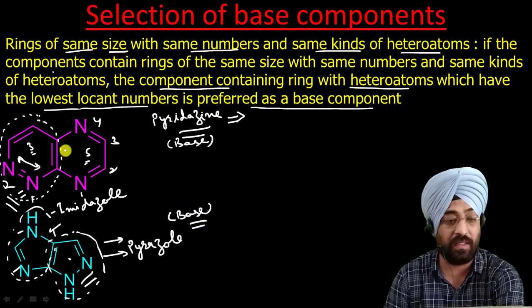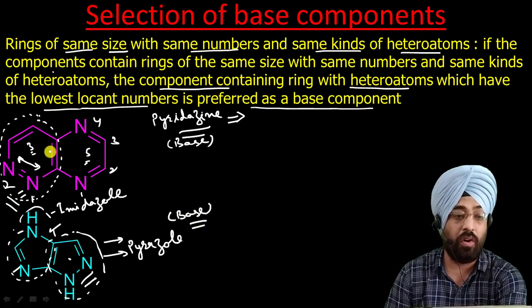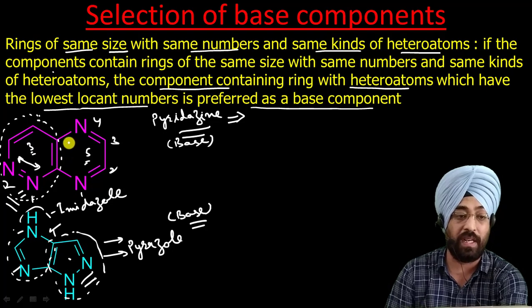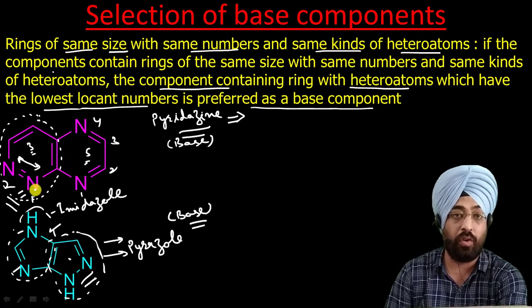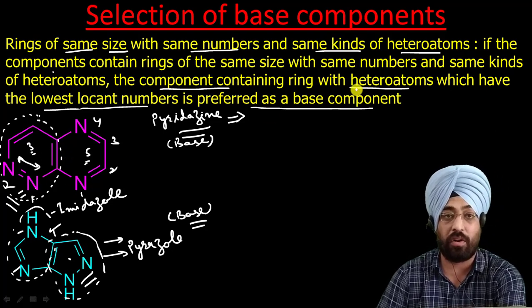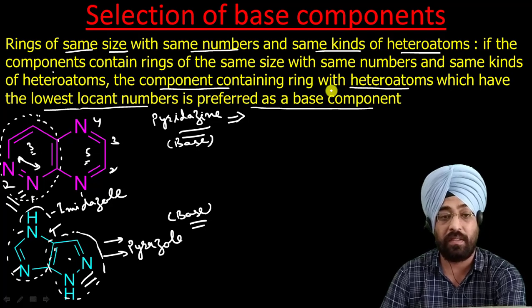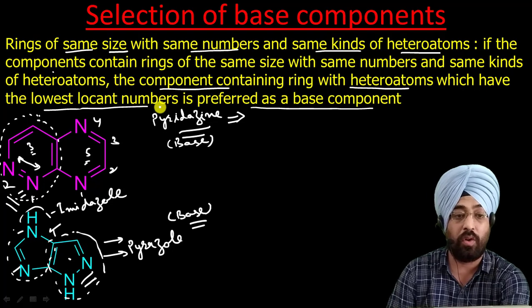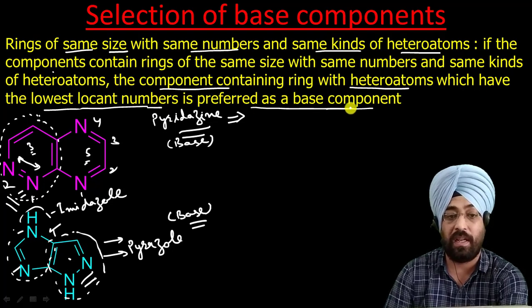So this rule says if we have two rings of equal size with the same number of heteroatoms and the same type of heteroatoms, then we have to choose as the base component the ring in which the heteroatoms are closer. Technically, it means the component containing the ring with heteroatoms which have the lowest locant numbers is preferred as the base component.